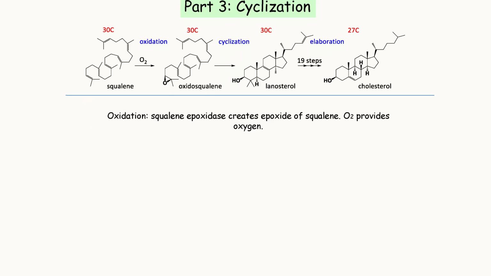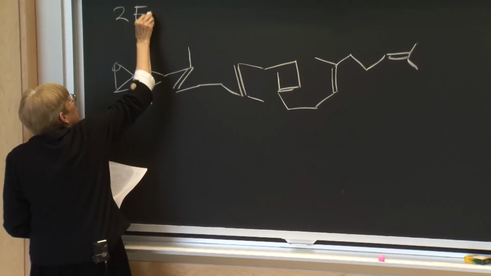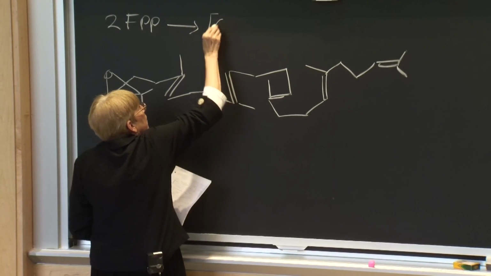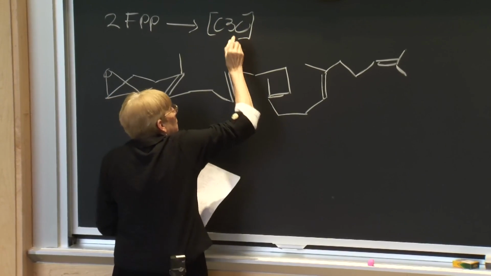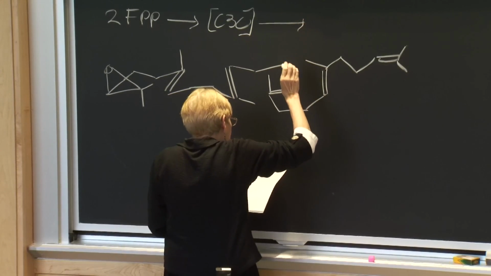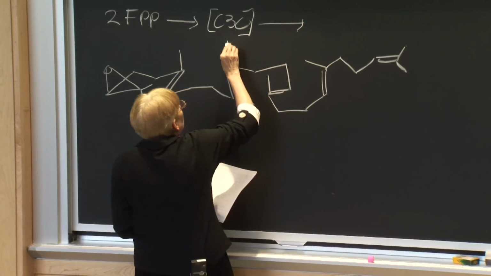So we went from two FPPs, still doing chain elongation, to a C30, which is linear.